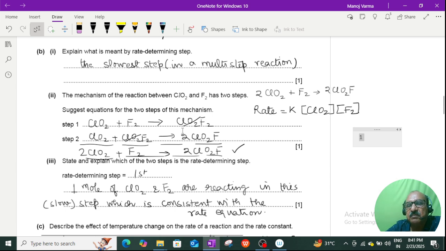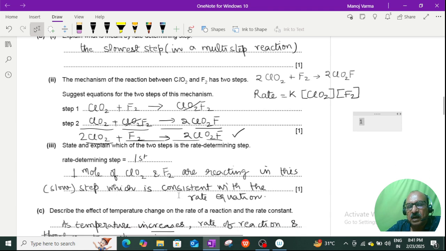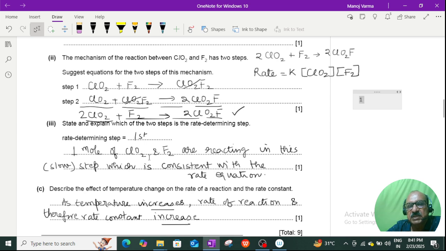So these two can satisfactorily be considered as the two steps of the mechanism which are consistent with the rate equation. The first step, being the slow step, is the rate determining step, and because this is consistent with the rate equation, these two steps are justified.